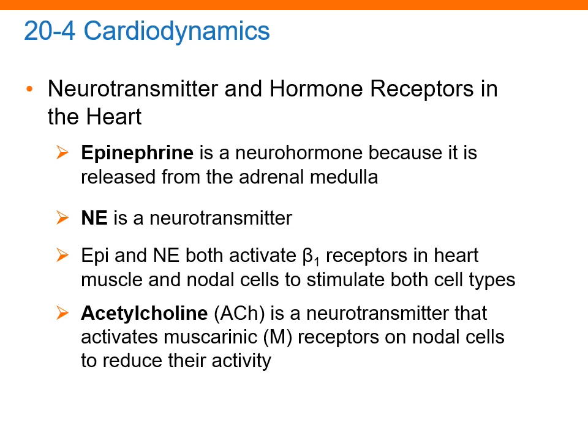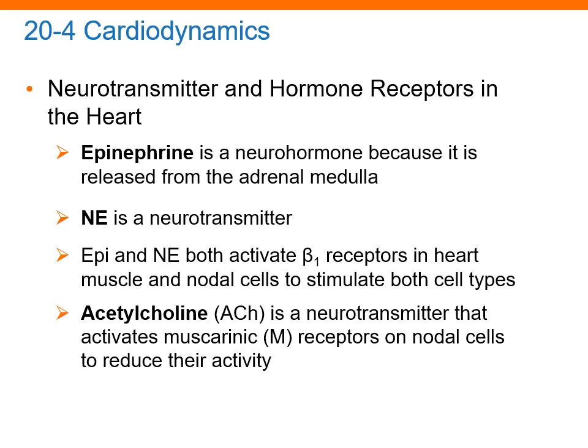That's what's activating it. It doesn't mean epinephrine can't, but the nerve itself does not release epinephrine. So if epinephrine is going to affect a tissue, that's because the epinephrine is circulating in the blood, and that's the definition of a hormone. It's released by one tissue, travels through the blood, and affects one or more other tissues.